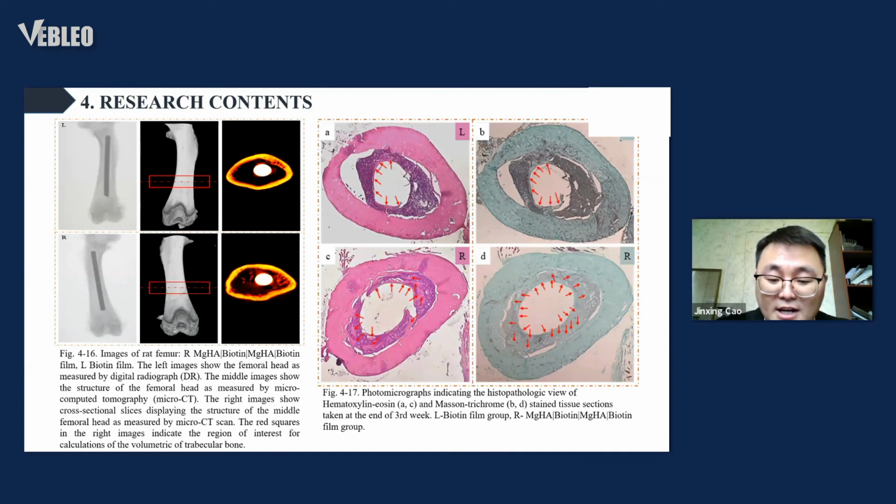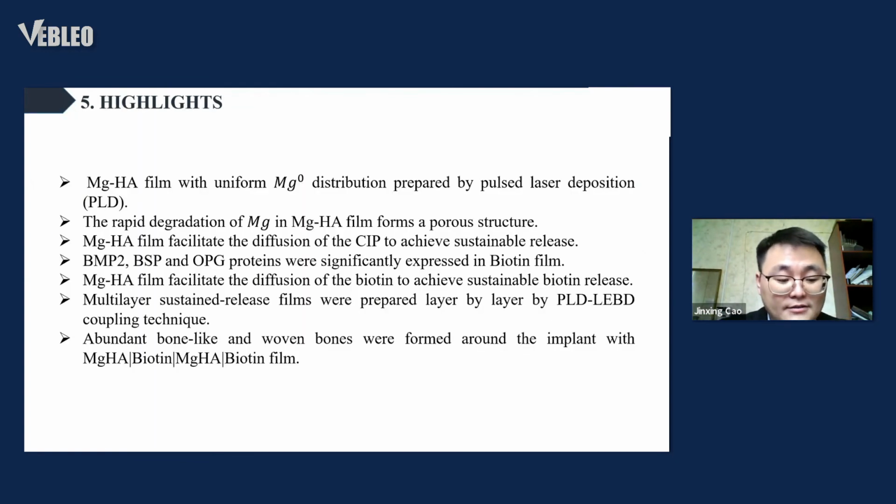As biotin film is difficult to play a sustainable role in the physiological environment due to rapid degradation, the Mag-HA film in the 4-layer composite film relies on the sustained release of the drug so as to play a better osteogenic effect. These are highlights in this study.